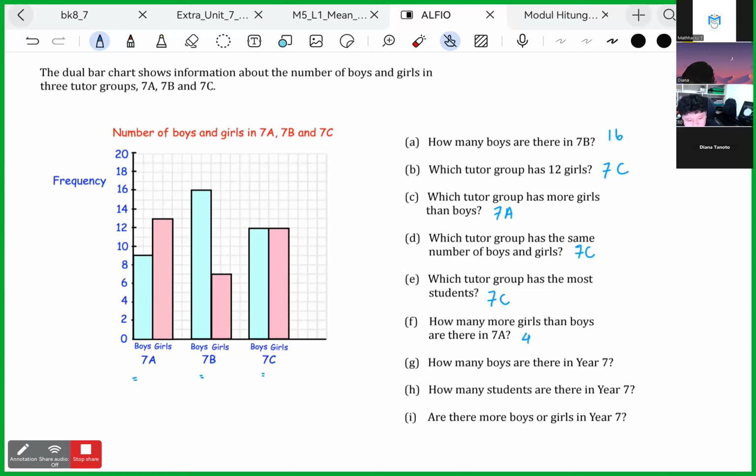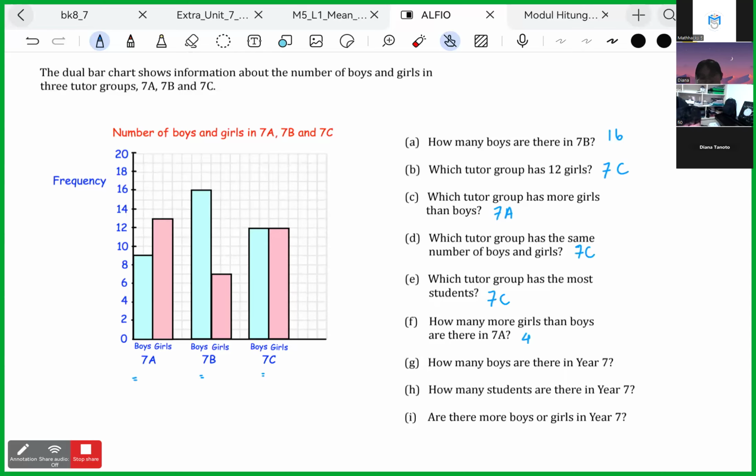How many boys are there in year 7? I don't know. How am I supposed to know? You need to add boys from 7A, 7B, and 7C. All of them?